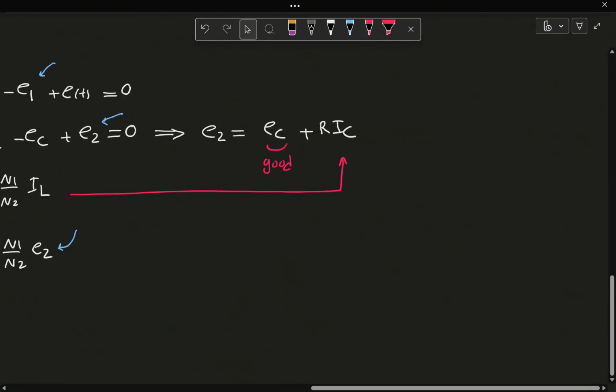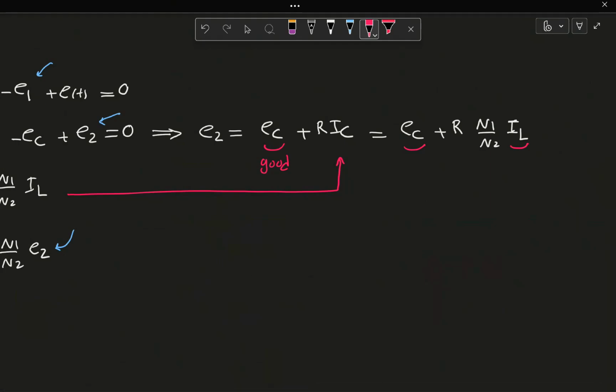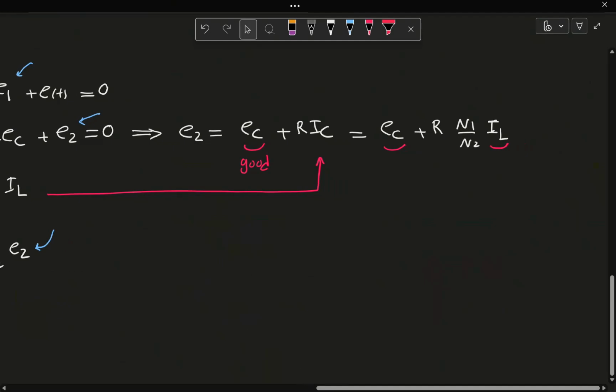So this is going to be EC plus R multiplied by N1 over N2 IL. At this point, you see that this is a good term, this is a good term, and R multiplied by N1 over N2 is a constant number. So you were able to rewrite your EC in terms of your good terms. Yes?